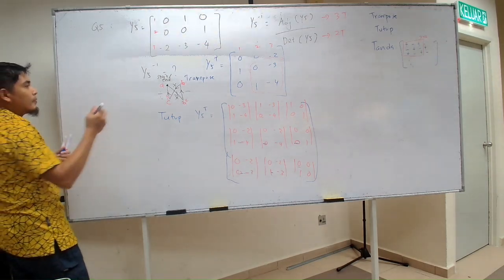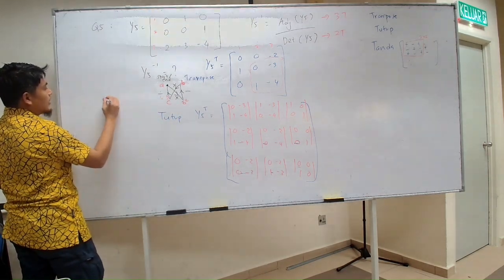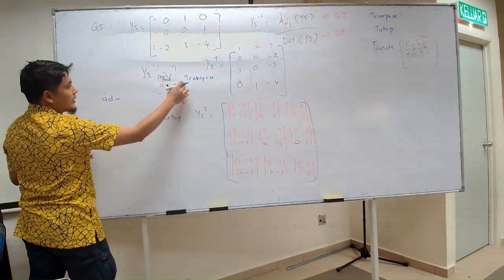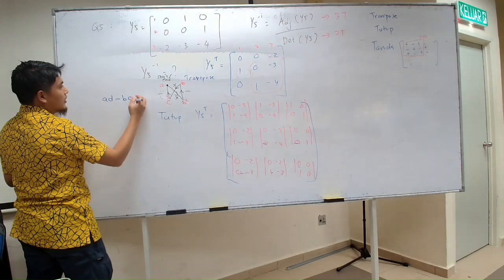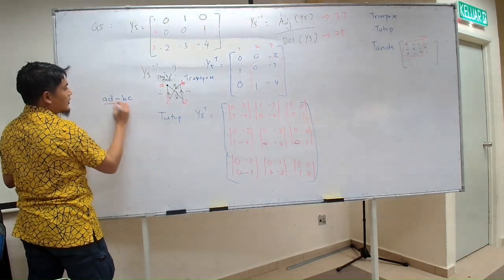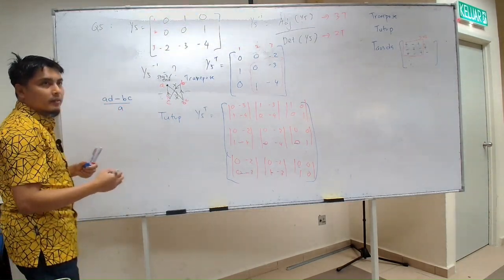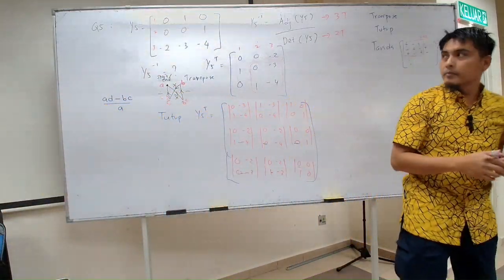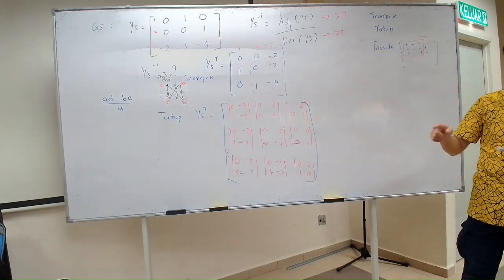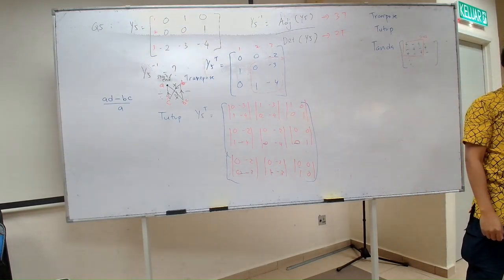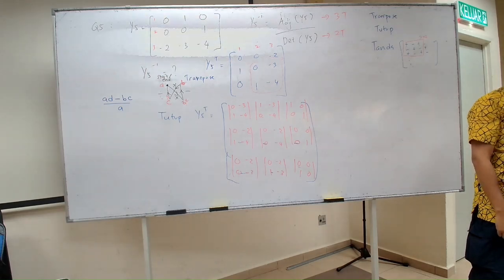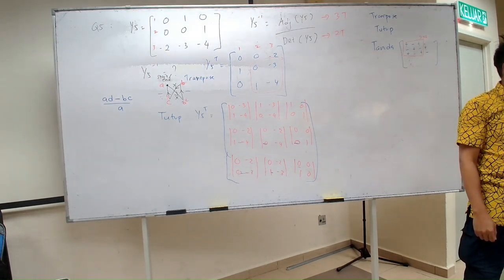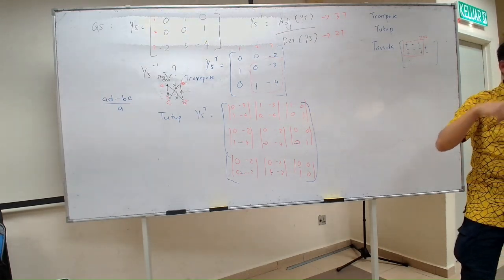So it will be A multiplied with D minus B multiplied with C, and then divide by A. Okay? Is it okay?